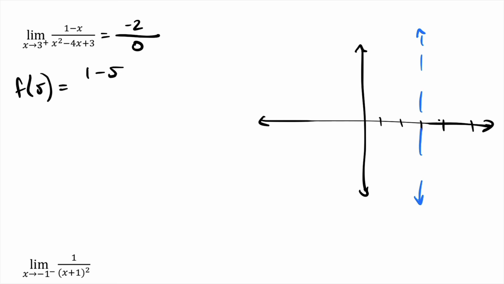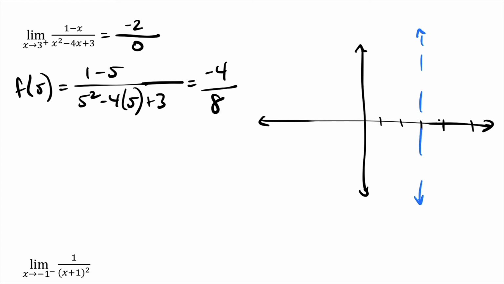1 minus 5, 5 squared minus 4 times 5 plus 3. So we get negative 4. On bottom, we get 25 minus 20 is 5 plus 3 is 8. So negative 1/2.